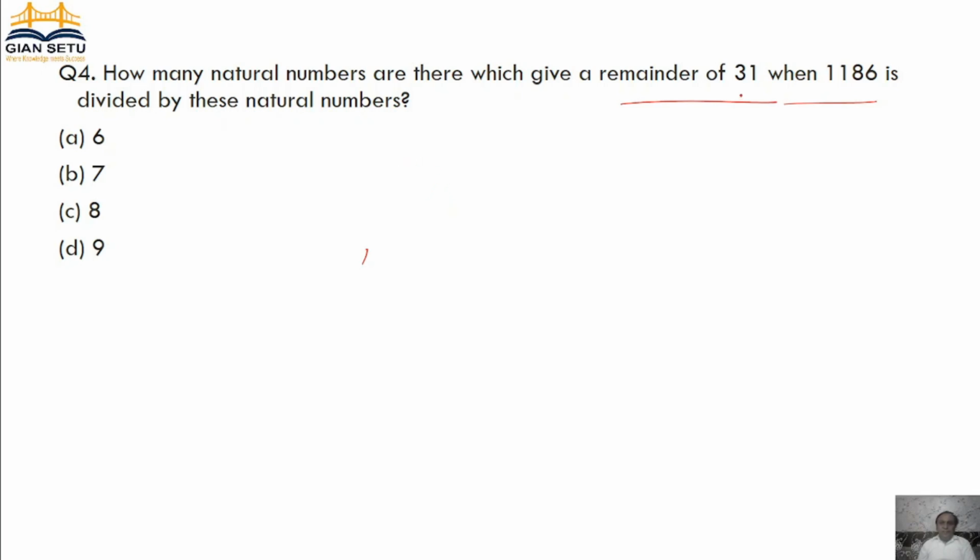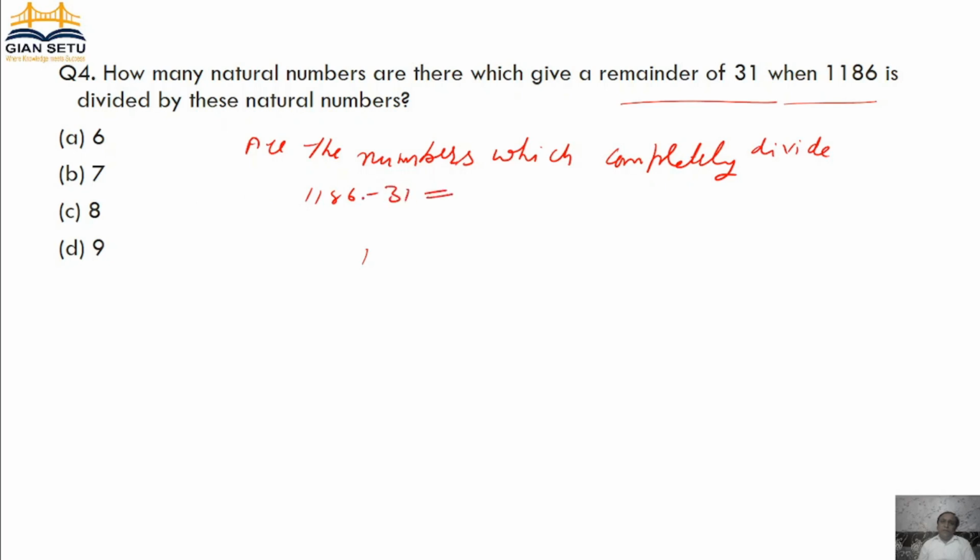Now all the numbers which give a remainder of 31 when we divide 1186 by that number will be equal to all the numbers which completely divide 1186 minus 31 equal to 1155, right.